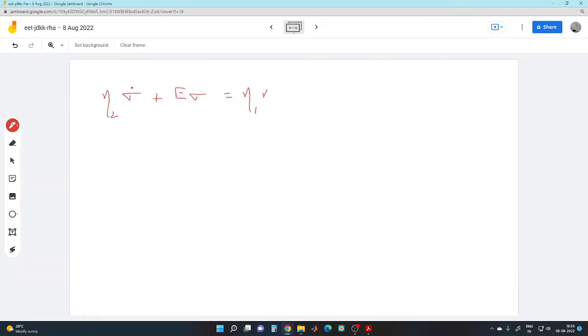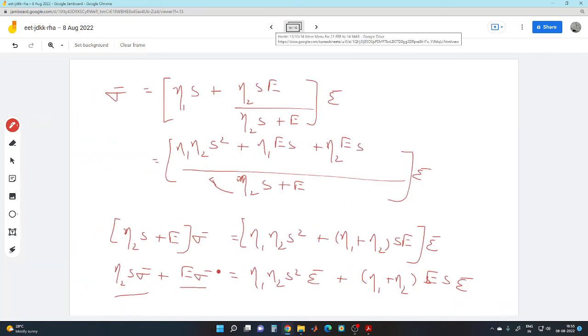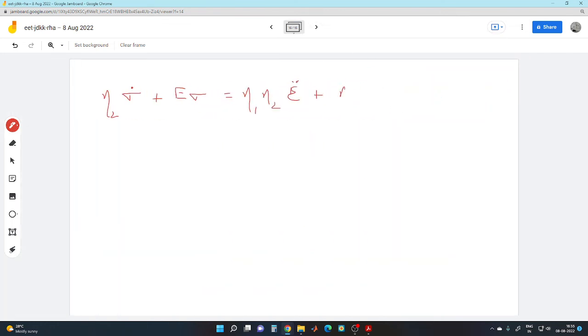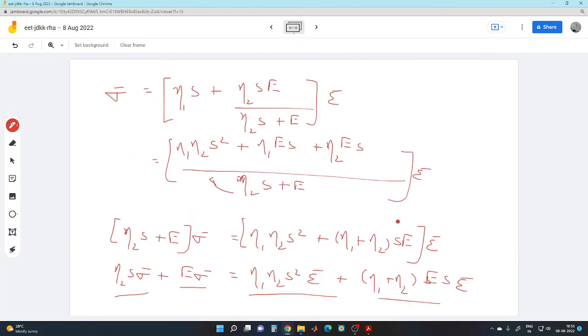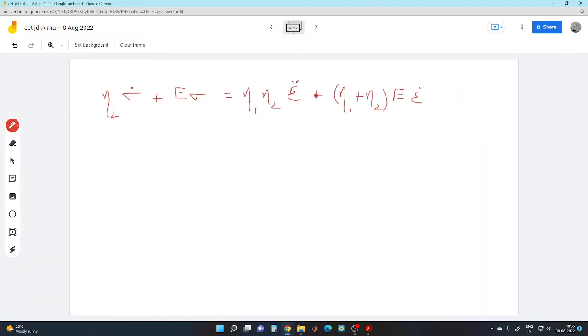then eta 1 eta 2 epsilon double dot for this term, and eta 1 plus eta 2 E into epsilon dot for this term. So actually, we can simplify it even more, plus eta 2 upon E. This is just rearrangement, nothing fancy about it.